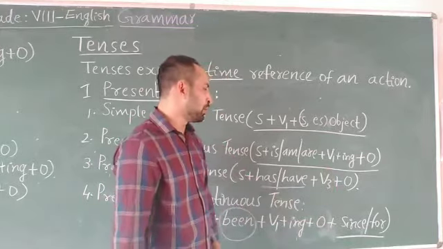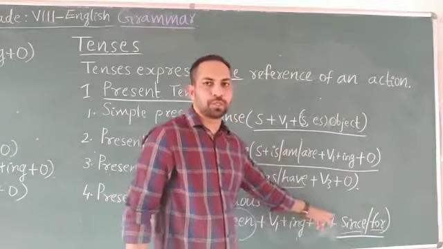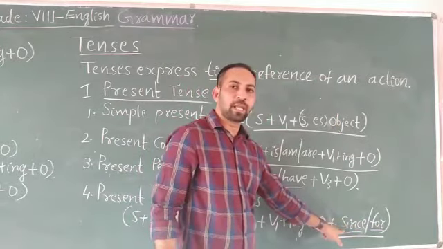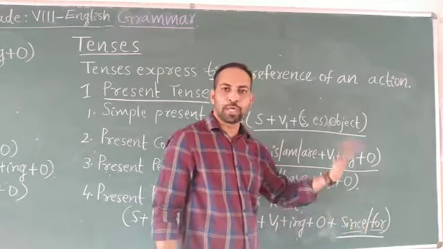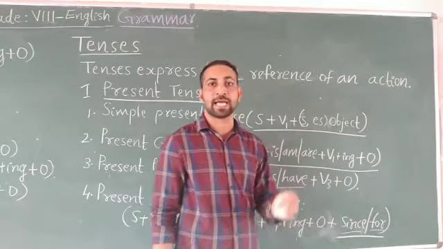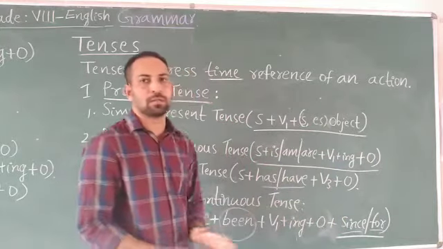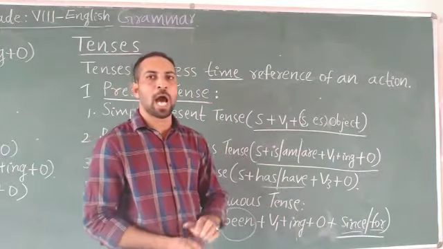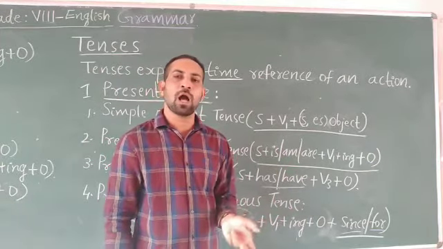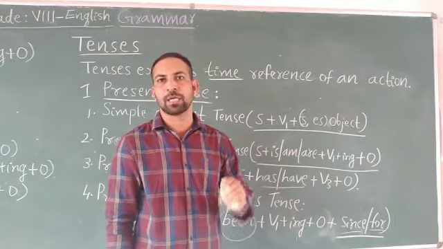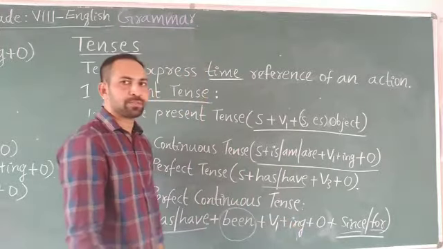And also these two words, since or for, we have to use. In present perfect continuous tense these words, since or for, indicate the exact time when the action started. For example, I have been studying English since morning. Or I have been studying English for 2 hours.